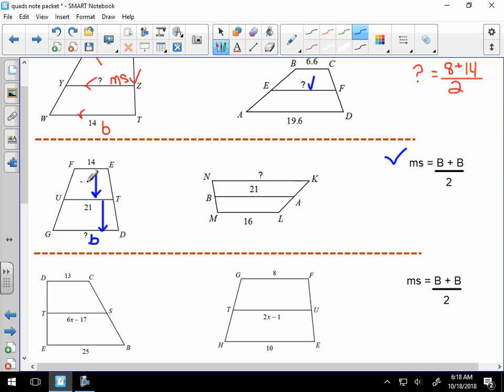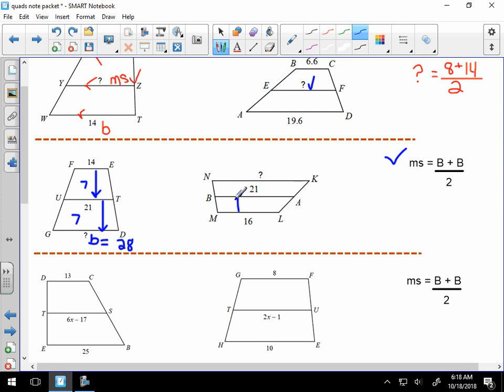14 to 21 is 7. And if that's half, we should know that this half is going to be 7. So all you do is take 14 plus 7, 21 plus 7, and now your base is 28. So instead of working this pretty difficult equation, we'll just do that. So now I'm going to start from the bottom up.